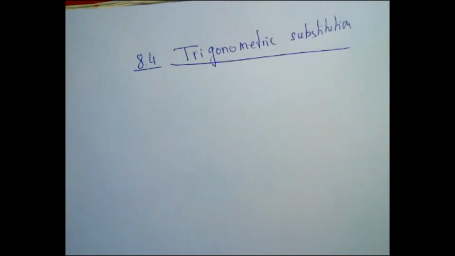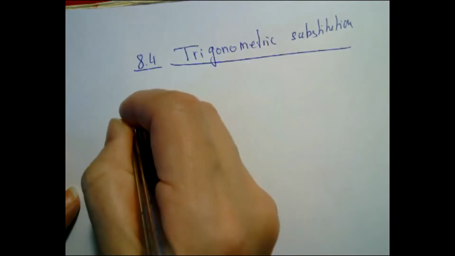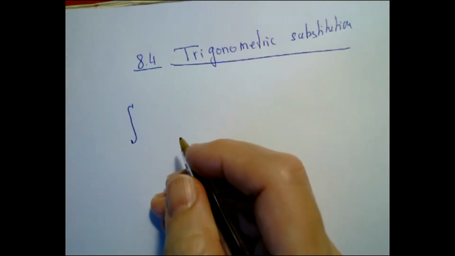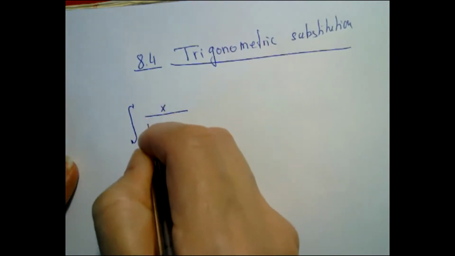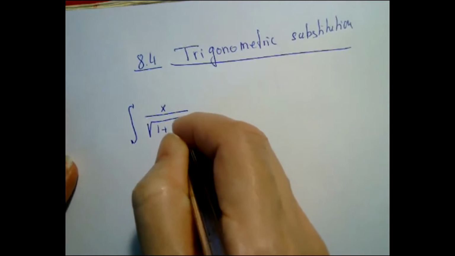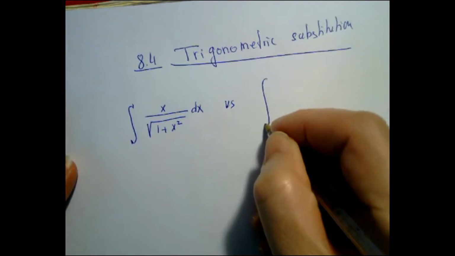Okay, first let us see what type of integral we will be working with. As usual, I'm going to put 2 integrals in front of you, and I'm going to ask you which is easy and which is hard. So suppose I put this one versus this one.